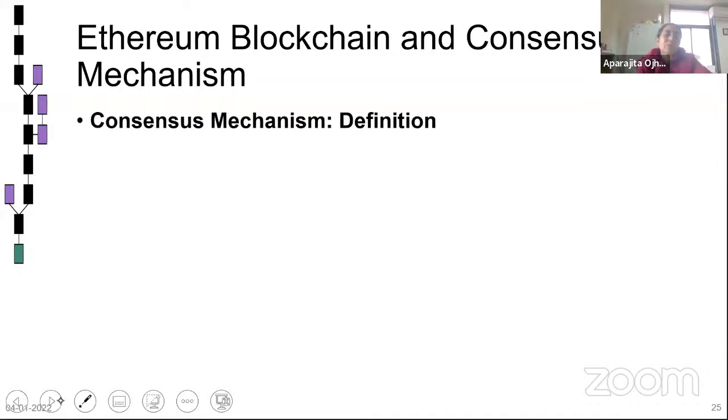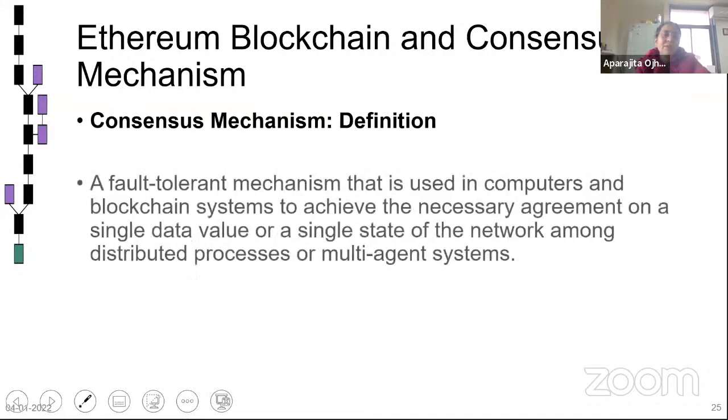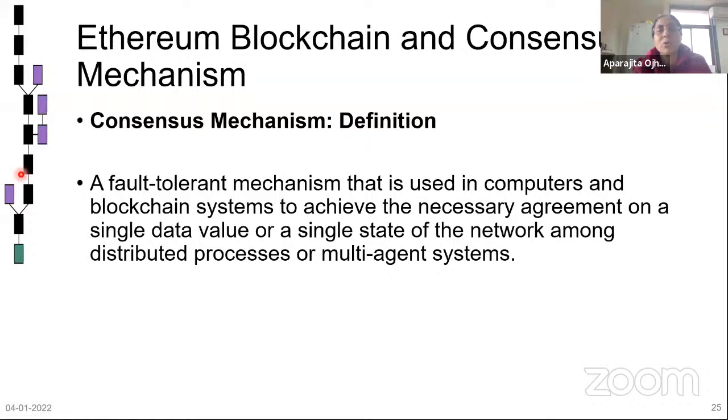All right, so consensus mechanism by definition is a fault tolerant mechanism. Yesterday, Professor Shukla told you about what is fault tolerance and the Byzantine problem. I will answer your questions later.